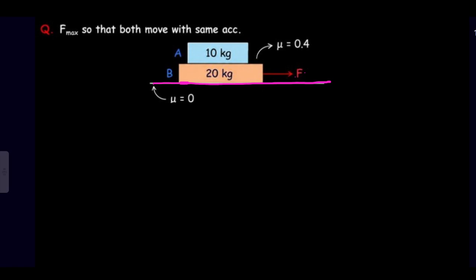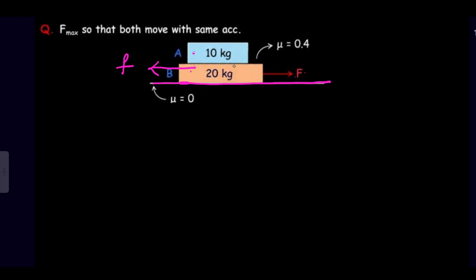Then there is friction between A and B. A will cause some friction on B, and at the same time B will also cause a friction on A. The friction A causes on B is opposite to its motion. Since B is moving to the right side, the friction will be to the left side. You understood this point? So that means this frictional force here.